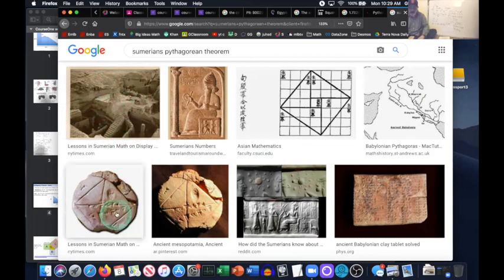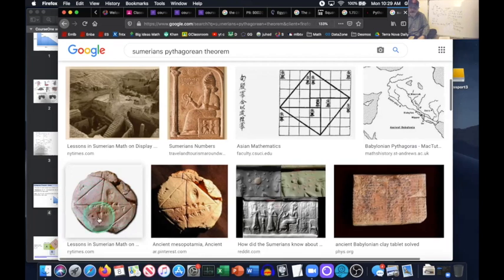And look at what's on those clay tablets. That's a square with diagonals here too. Now those little symbols you see, that's the Sumerian number system. The calculation that they did, we're not quite sure, but we see that they knew how to do this.